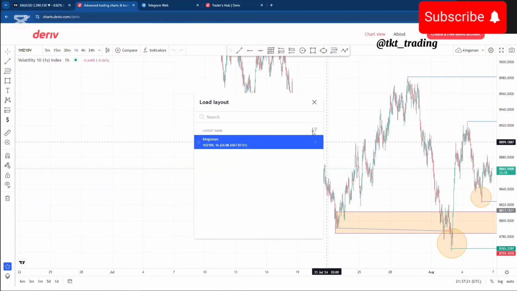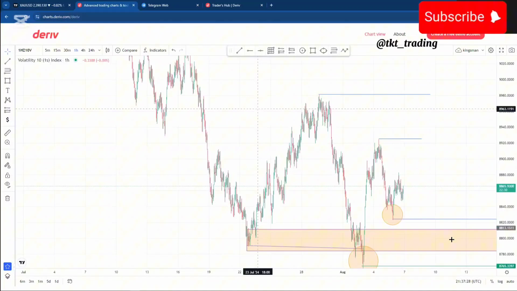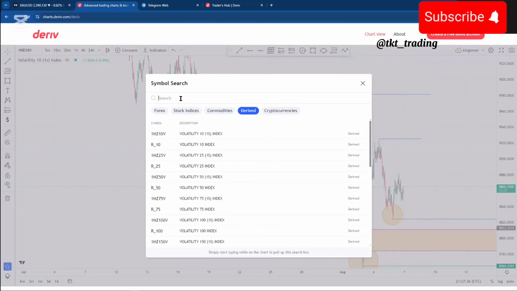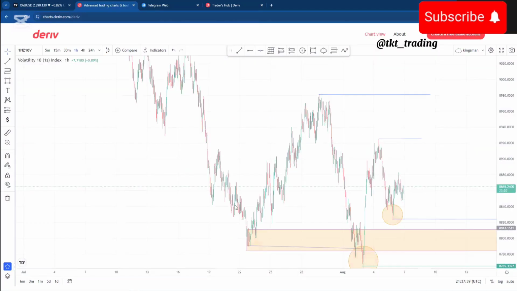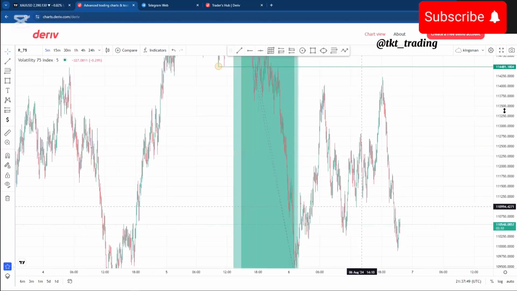No, this is not my... I don't know what's wrong with this volatility. It is actually the setup I was anticipating. But let me just break it down. Let me analyze it from the beginning again. So I got this particular entry from the 5-minute time frame on VIX 75. Okay, yes. This is the setup here.